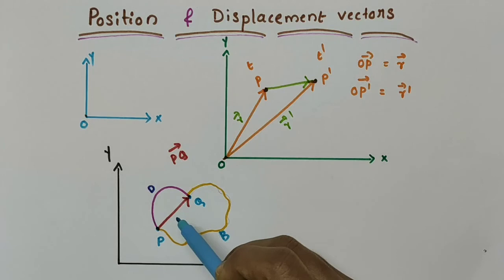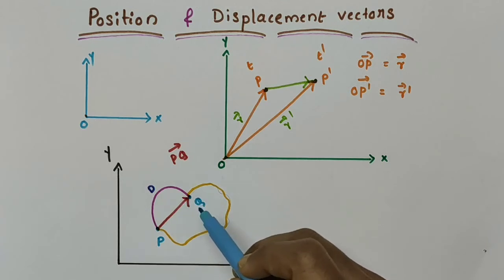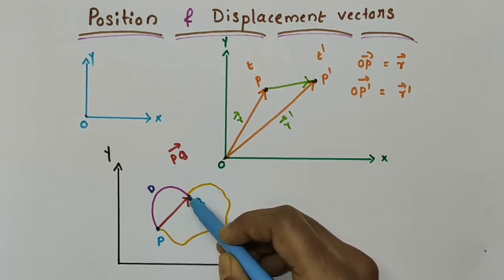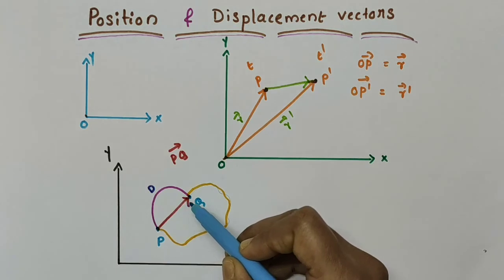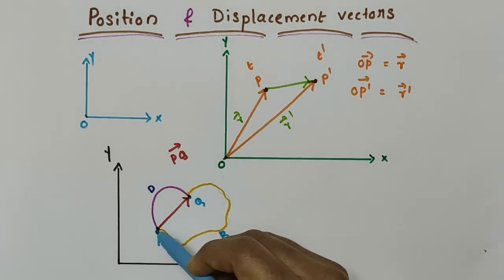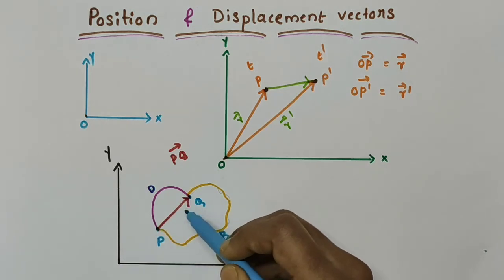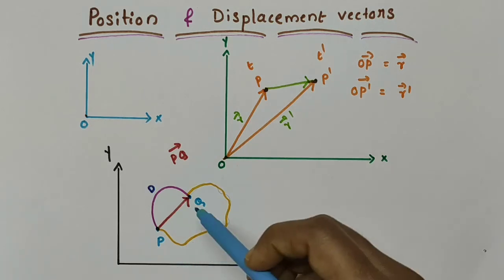It will be vector PQ, no? Because that object has taken this particular path for its motion, but anyway, P is the initial position and Q is the final position of that object. So the displacement vector is the vector which is directed from the initial position to the final position. It is a straight line. So when we draw one straight line from P to Q, it will be like this, the same vector PQ.